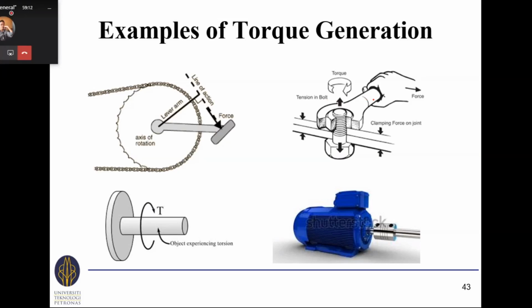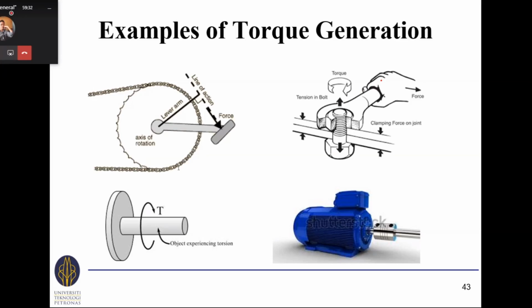And if you want to tighten or loosen a bolt, you can use these tools to make the rotational motion. And there is also a difference where the length of the tool is also a factor.